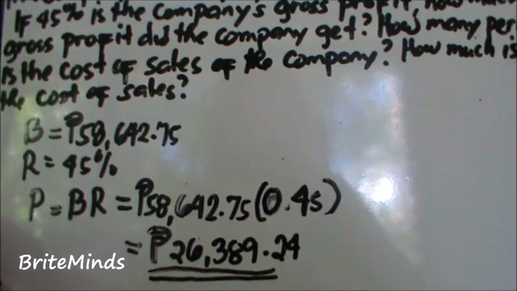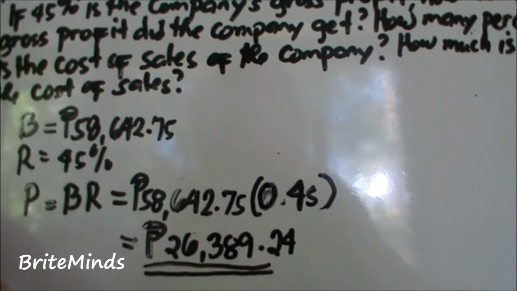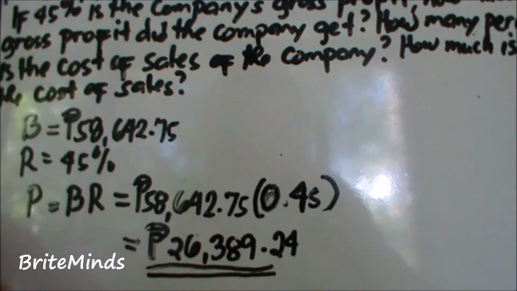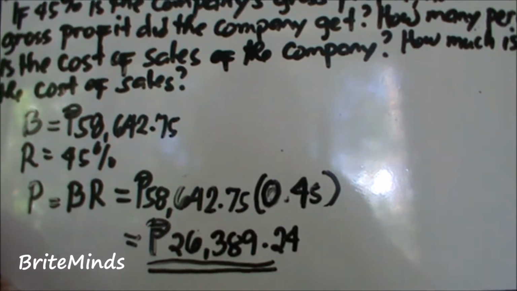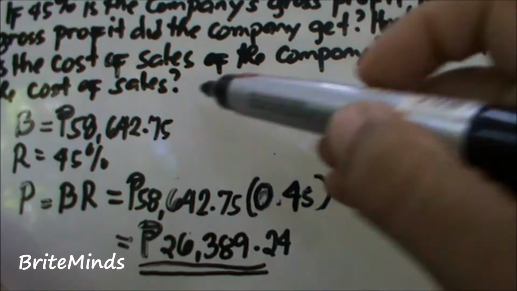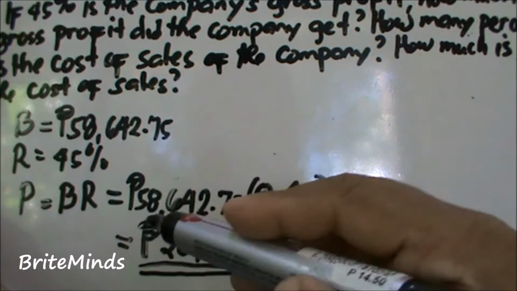And then the second question is, how many percent is the cost of sales of the company? Okay, so let's say 45% is the gross profit.